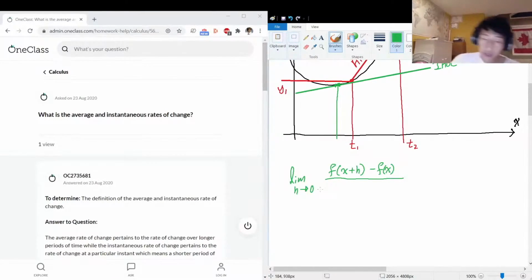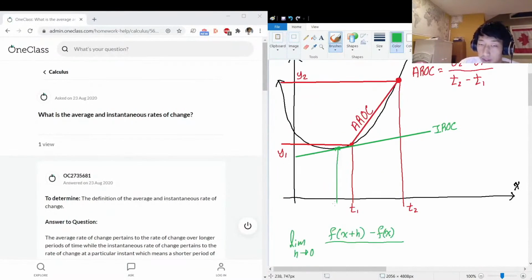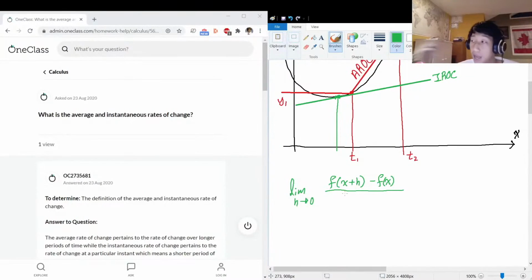Okay, and let's do the bottom. The bottom in the AROC originally was t2 minus t1, so it's the same principle. It's what's coming after minus where you started. So that would be t plus h, where you're ending up, minus t, because that's where you're starting.